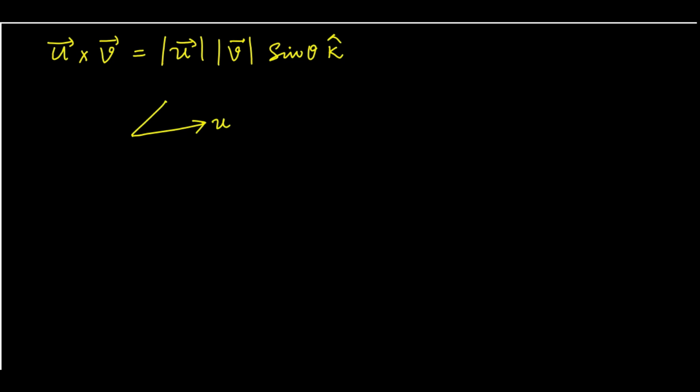Okay, so if you have u and v, your k cap is perpendicular to both u and v, something like that.